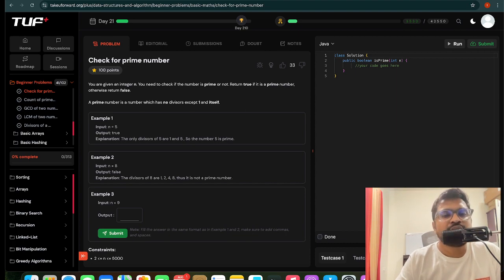Even if it is not, there is no point going after 6. So since 6 is lesser between n1 and n2, we can apply the same logic here: the minimum of n1 and n2. Till that point we have to run this loop, and inside it we will check.